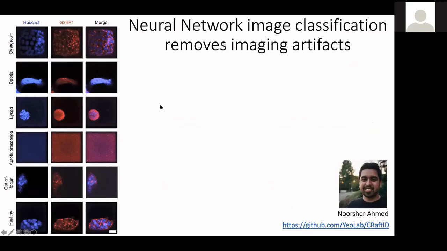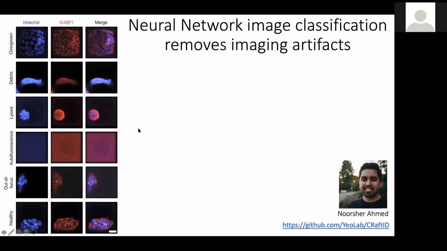And so the first thing that we noticed when we were filtering through all of these images is that they weren't all perfect, and there's a lot of imaging-based artifacts that occur when growing cells. I think this is true when you culture cells in a dish normally, or in our case, particularly on these microrafts, you have really small cells that are causing various artifacts.